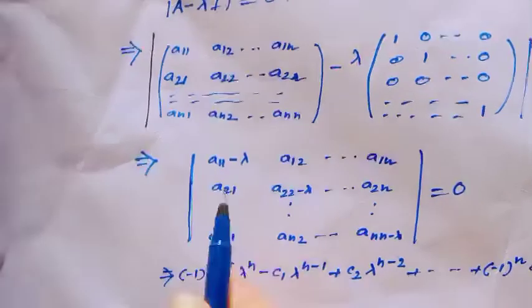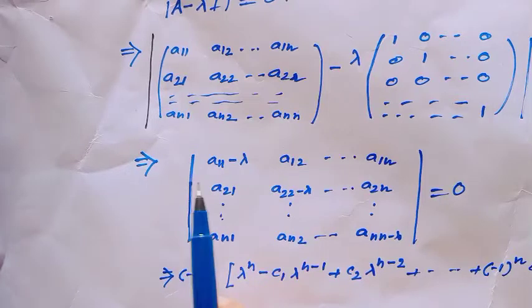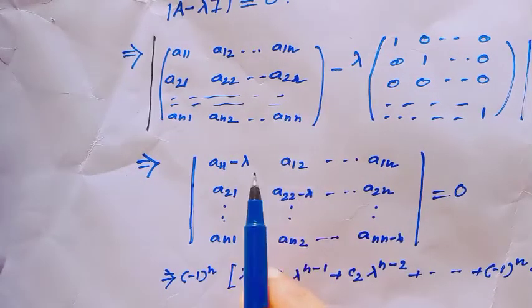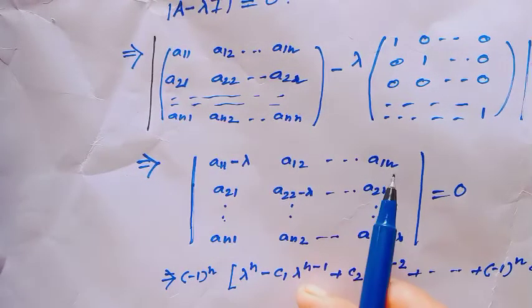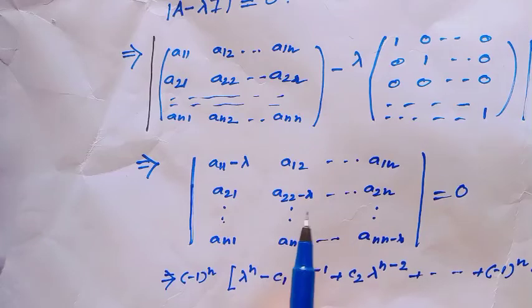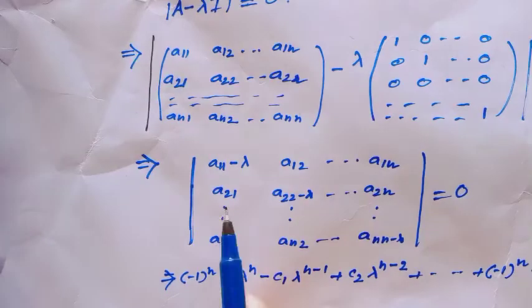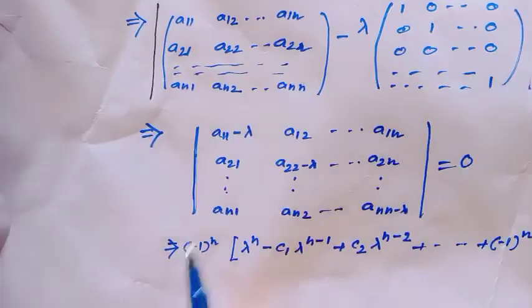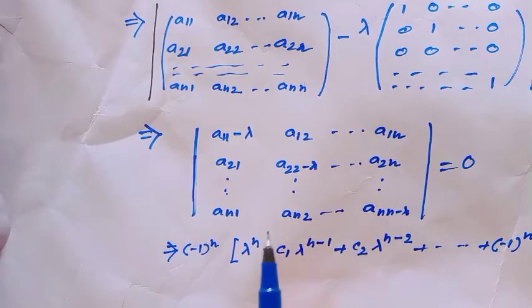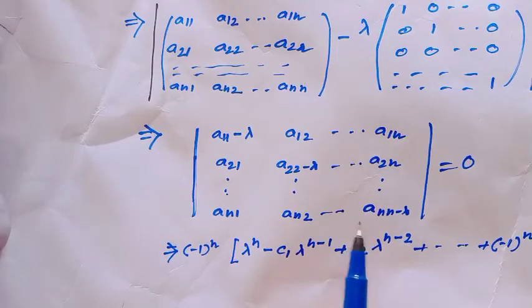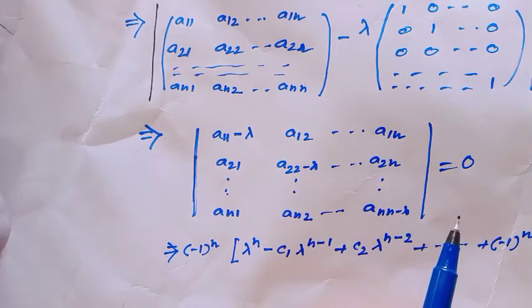That implies the determinant of the matrix with first row a11 minus lambda, a12, up to a1n, second row a21, a22 minus lambda, up to a2n, and this continues, and the nth row would be an1, an2, up to ann minus lambda, equals 0.